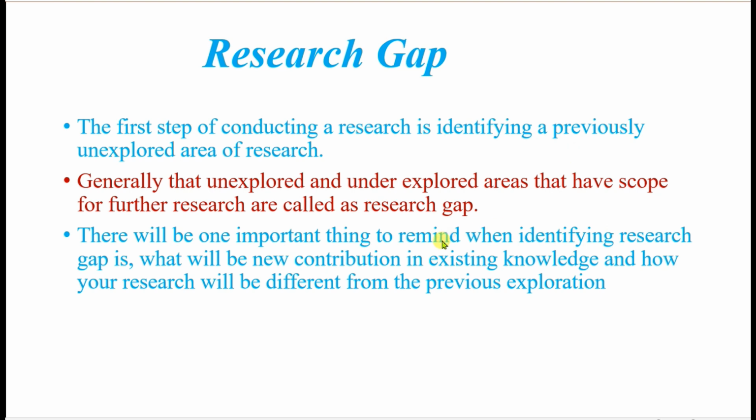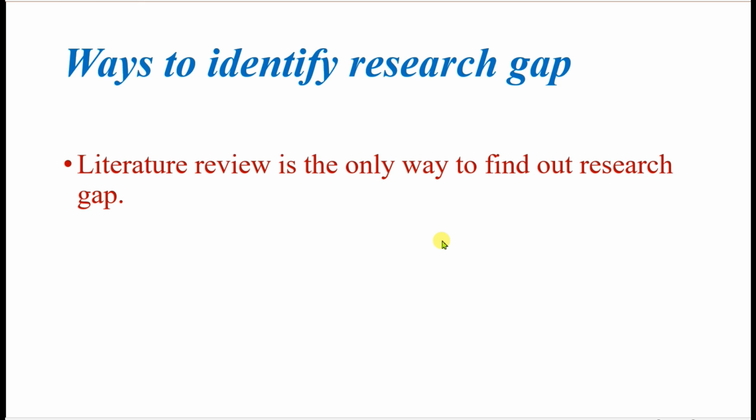Now I want to say the way to identify research gap. There is only one way according to my knowledge. If I am wrong, please correct me in your valuable comments. What is the way? Literature review is the only way to find out research gap.